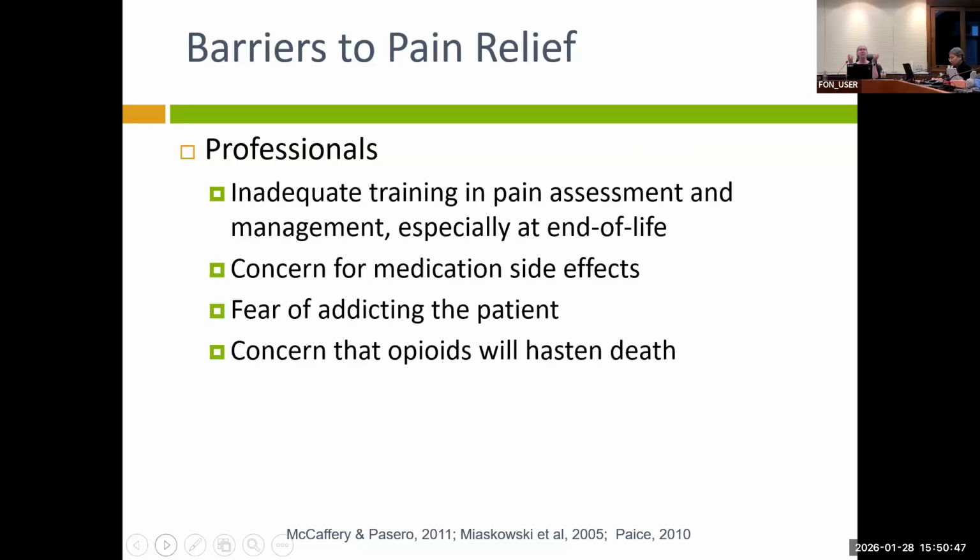With professionals, with your colleagues, inadequate training in pain assessment and management, especially at end of life, is quite common, honestly. Concern for medication side effects, fear of addicting the patient, and concerns that opioids might hasten death.